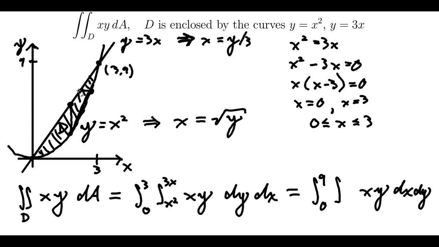But the lower bound in the numerical sense, the least value of x we have is on the line, y over 3. So our lower bound there is y over 3. This is on dx, remember. X starting at y over 3 and going up to x equals the square root of y. It's the upper bound on that. So this would be the alternate way to set that up.